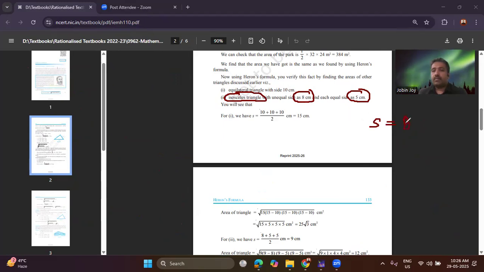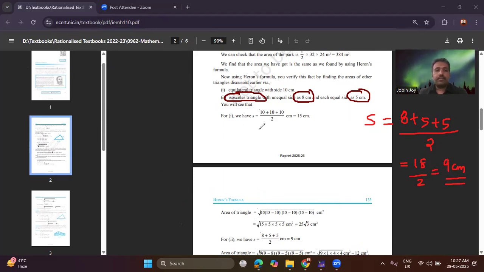I'm taking another color because this is not visible. So S, the semi-perimeter, equals 8 plus 5 plus 5 divided by 2. That means 18 divided by 2, that is equal to 9 centimeter.